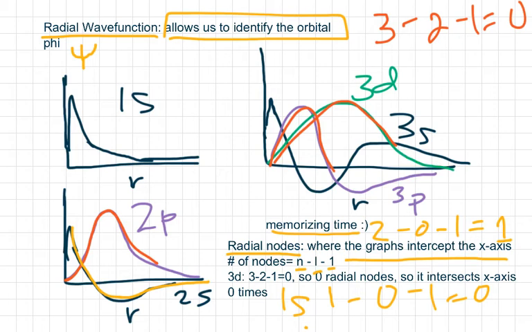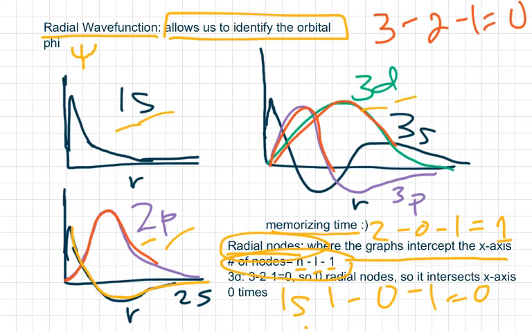So by using the first trick that I taught you, reading the graph at the beginning and seeing how it behaves, you could identify the type of sublevel it is. And by using radial nodes and looking at the equation, you can find how many times it hits the x-axis, and that will help you determine the principal energy level.